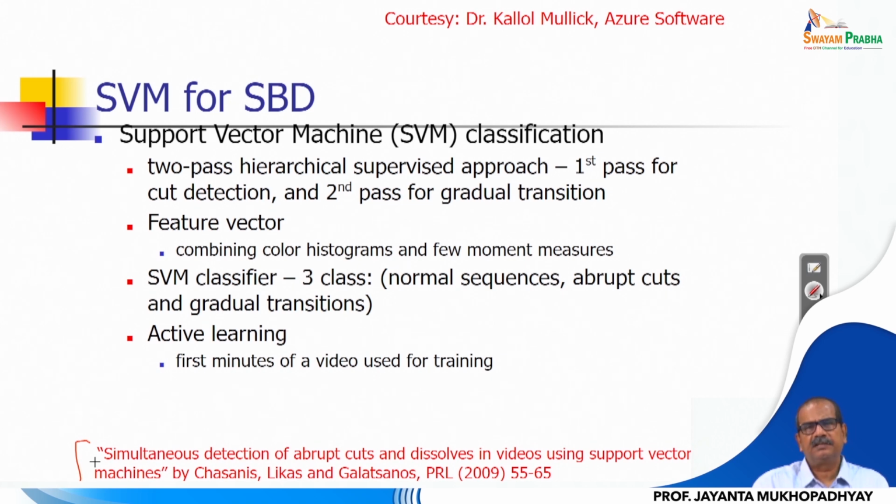One typical representation of the feature vector could be a color histogram. We have a few moment measures, and here the three classes we considered are normal sequences, hard cut and soft cut.